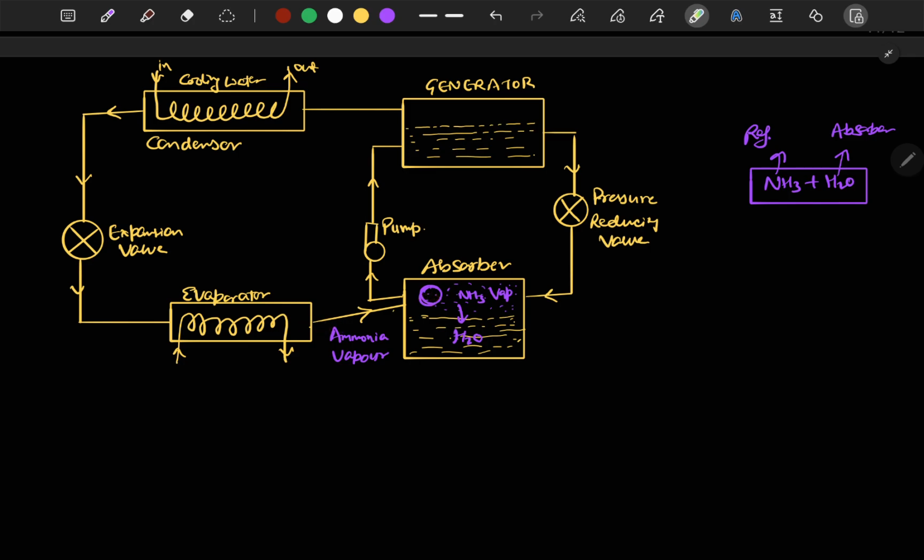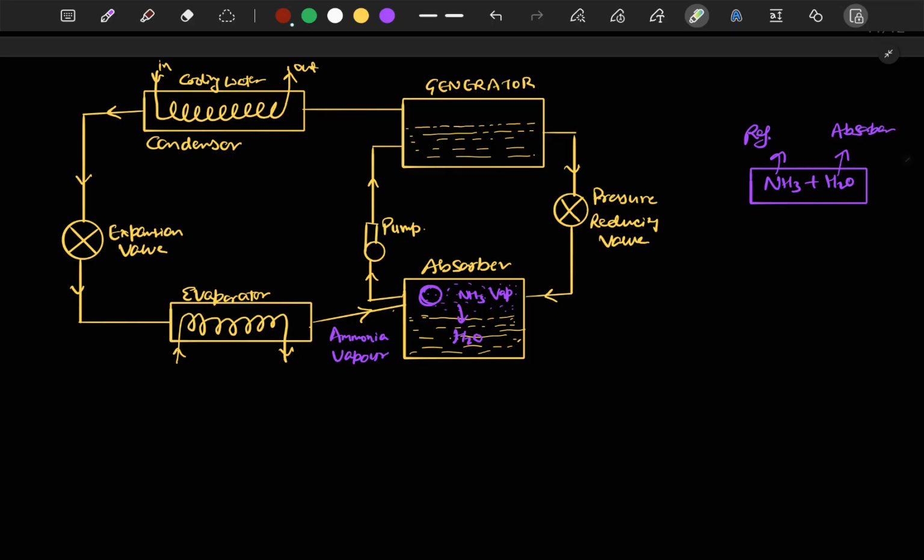Since the pressure is reduced, it will suck in more refrigerant ammonia vapor, and the water will absorb more ammonia. Thus the temperature of the water keeps on increasing, and as it increases, the solubility of ammonia vapor decreases.